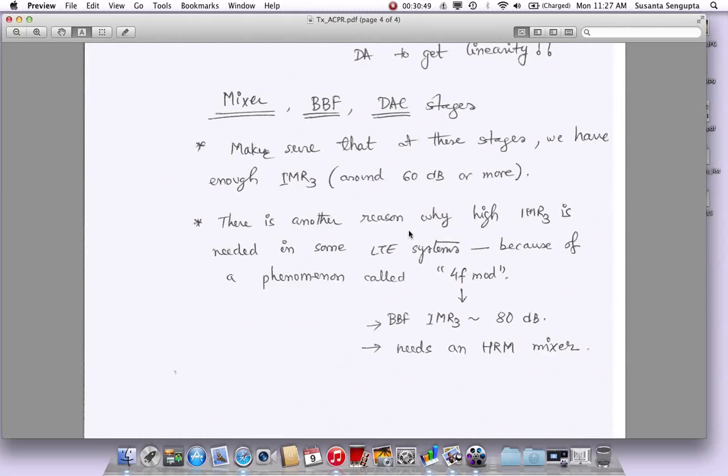There is another reason why we need higher IMR3 in LTE systems, and this is because of a phenomenon called 4F mod. You can look at the literature to see what it actually means. There is a lot of detail, and it's a very complicated phenomenon, but what it does is it goes through not just a primary mixing, but secondary mixing of various third order and fifth order and other harmonics, and at the end it actually puts a lot of constraint on the baseband filter.